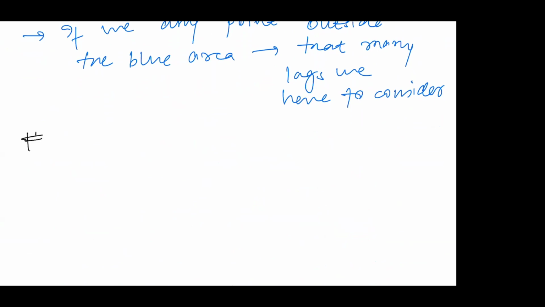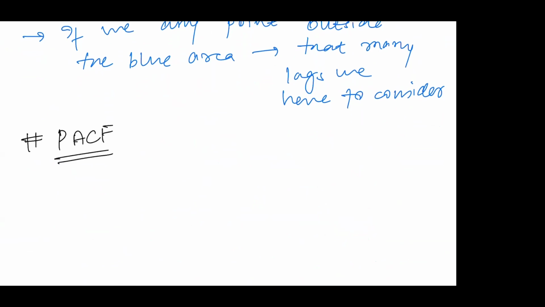Similarly, we saw the ACF plot, and the PACF plot will be similar. It will also have the shaded area, but the PACF plot is for the AR model. What does PACF stand for?